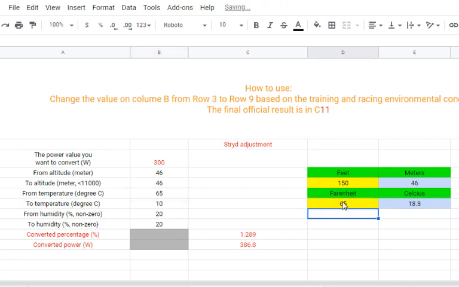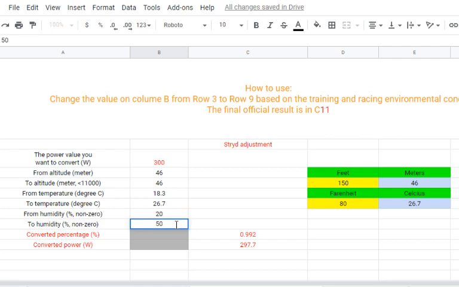That is 18.3. And let's say that they're going to be running in 80-degree weather for some reason, a little heat spell. So 26.7 on the temperature, and let's say the humidity smidges up a little bit, and we're talking about 50% in this case, just for example.